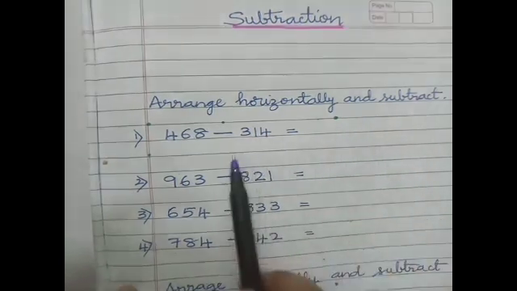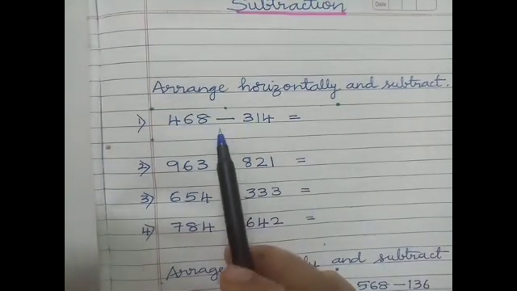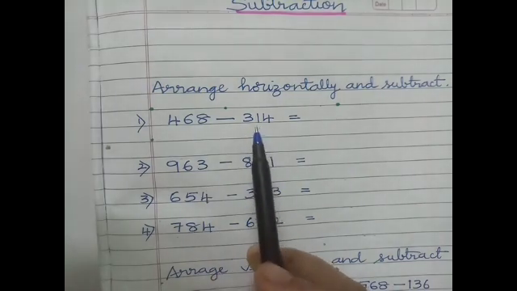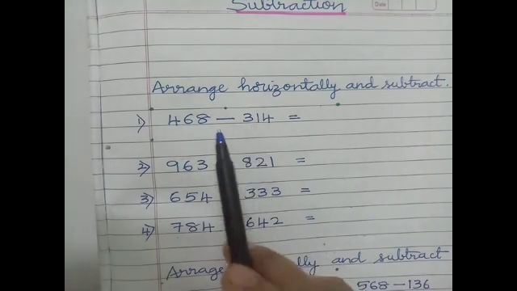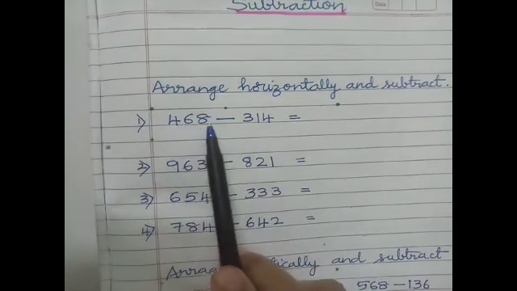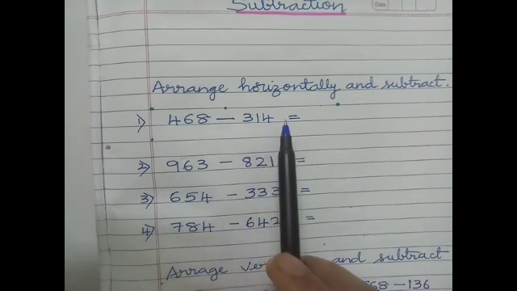So, children, here I have written the numbers in the horizontal arrangement. You know that horizontal means you have to arrange them in the sleeping manner. That is, the numbers are written in this way. This is called the horizontal arrangement.